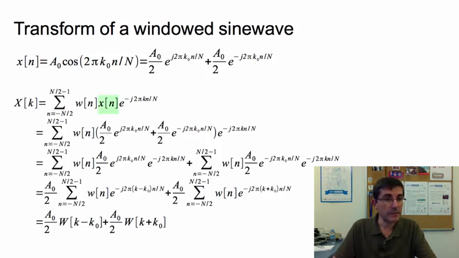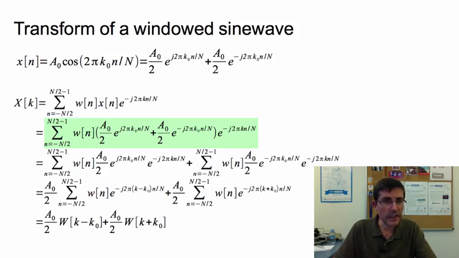Then we substitute this signal into the short-time Fourier transform equation and window it, stepping through these different steps in which we first put x of n in the equation, then substitute it by the sum of these two complex exponentials.